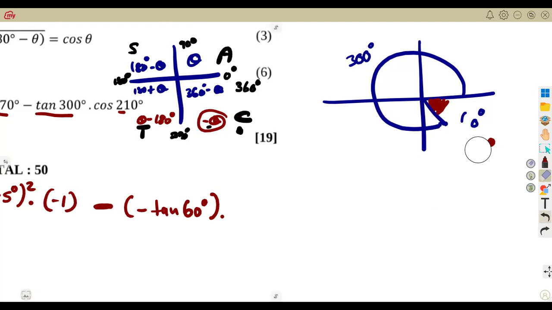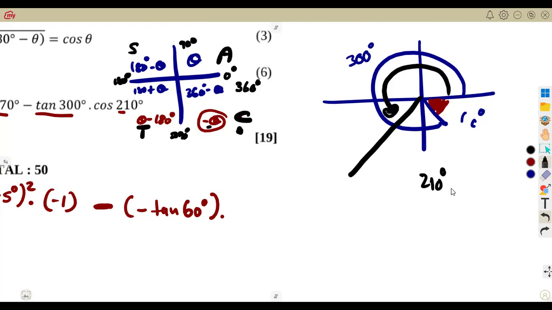210 is in the third quadrant, like this. This is where we have got 210. So definitely 210 from 180, it was going to give us 30 degrees. The acute angle in between will be what? 30 degrees.